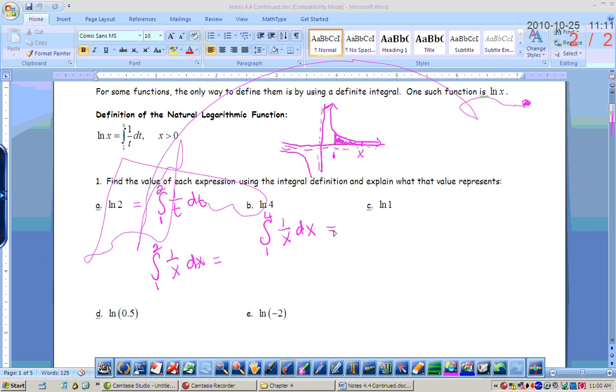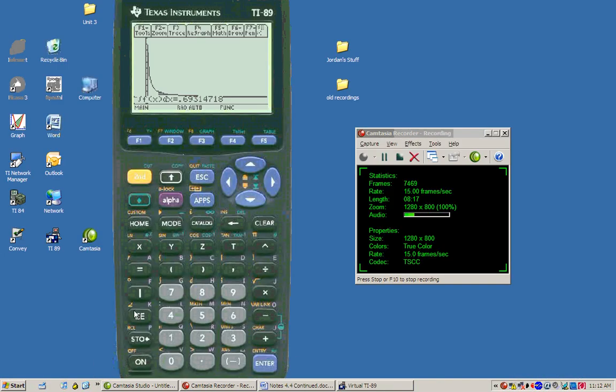All right, so to find this value, let's just go back to your graph screen. Under F5 and 7, lower limit 1, upper limit 4. And you get 1.386.